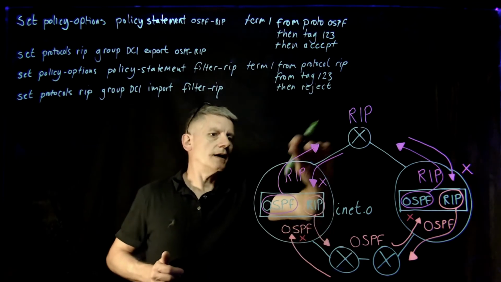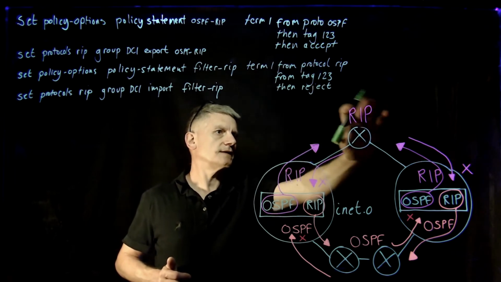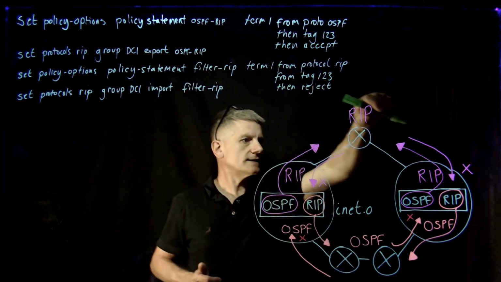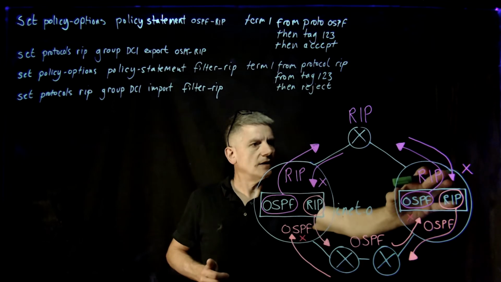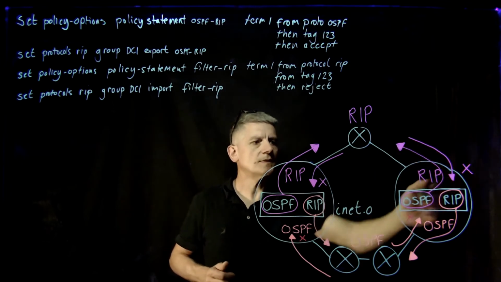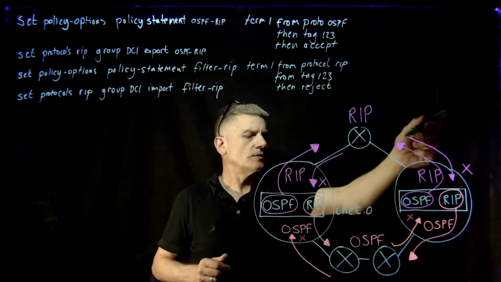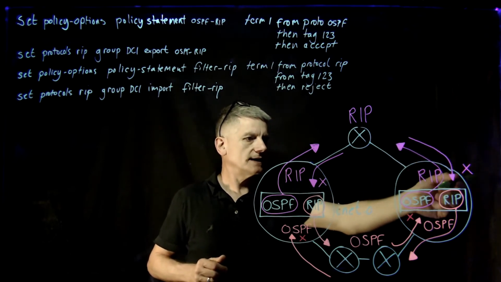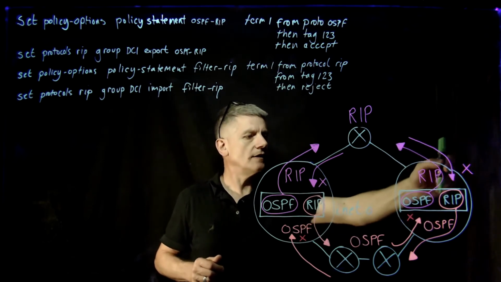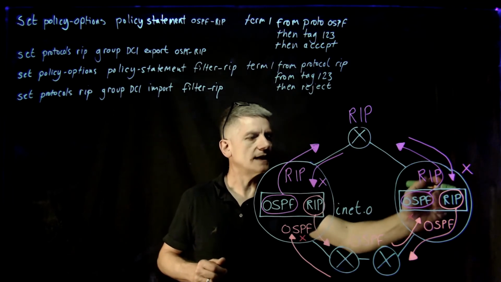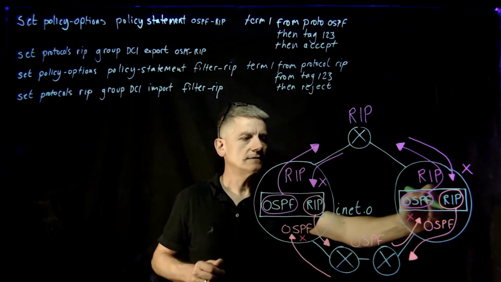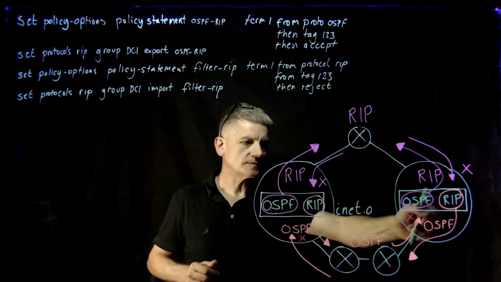So the RIP export goes into the RIP domain, and as the routes arrive at the second ASBR, we want to stop them from going into the table. The reason we want to stop them from going into the table is if they manage to be selected to go into the table, then obviously, as they're in the table, they may well be selected to become OSPF exports.